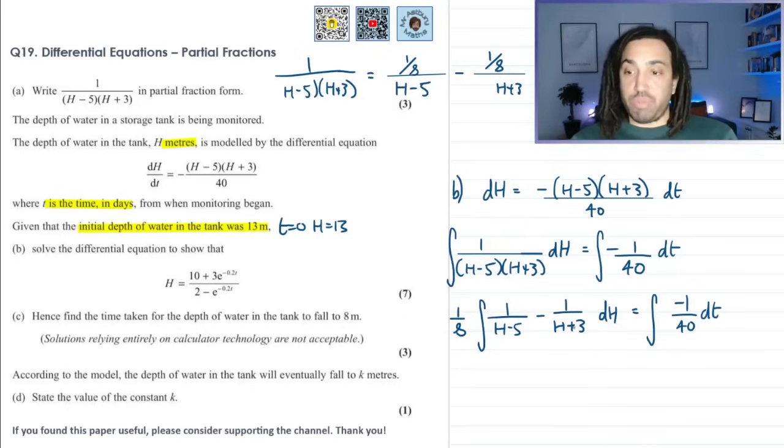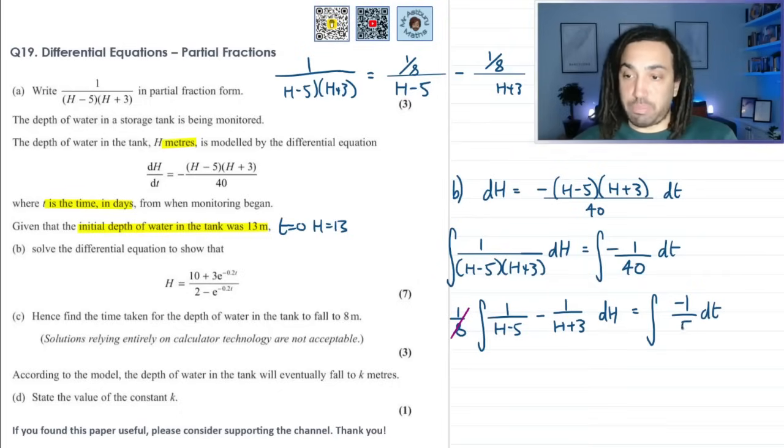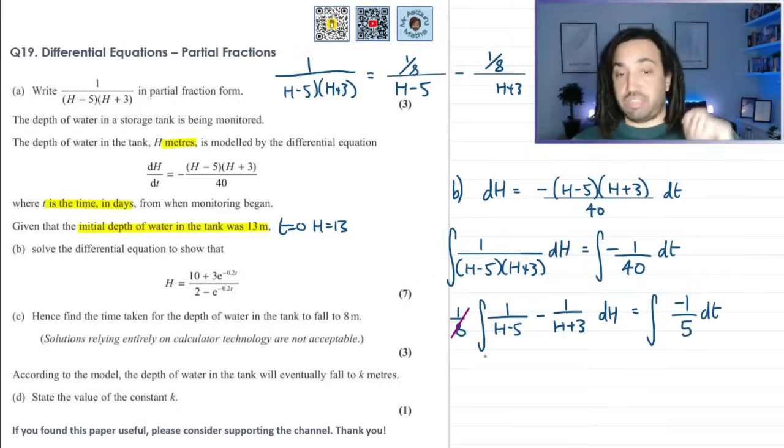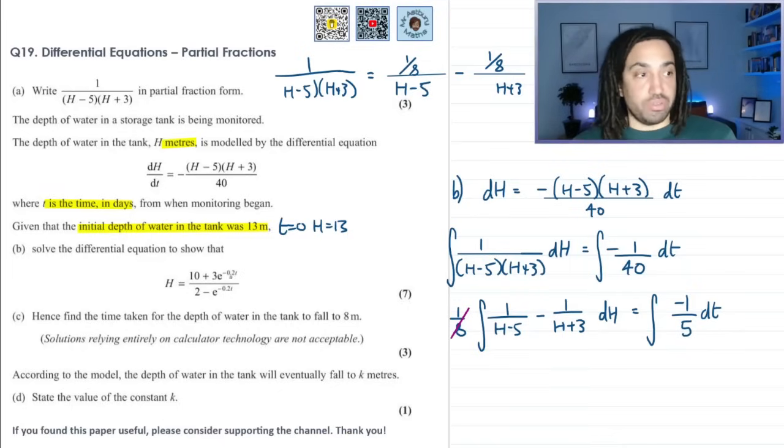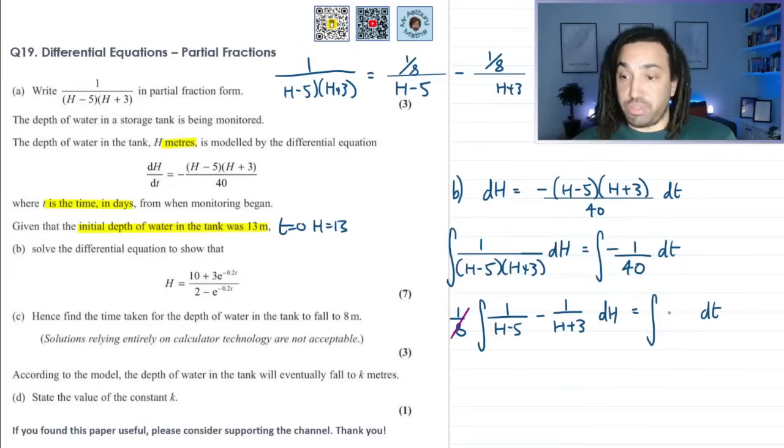Okay, we can multiply both sides by 8. That's going to help simplify things slightly. So timesing through by 8 changes this into 1/5 as opposed to 1/40. It cancels out the 8 there. That's nice because I can see these 0.2s here, which is going to be where the 1/5 comes from. So in fact, I'm going to change this to minus 0.2 rather than 1/5.